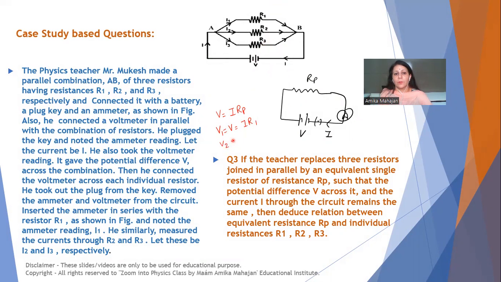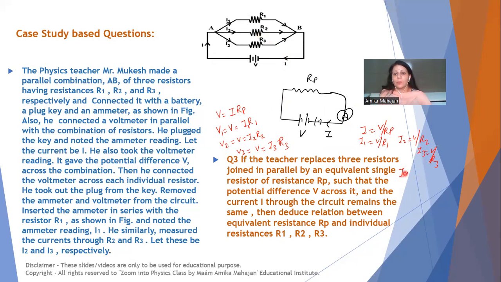Voltage across 2 will be V, which is I2 into R2. Voltage across 3 will be V, which is equal to I3 R3. That means current is being divided in the parallel combination. So what will be I? I will be V by RP. I1 will be V by R1. I2 will be V by R2. I3 will be V by R3.